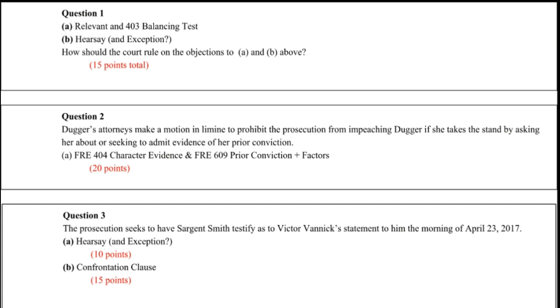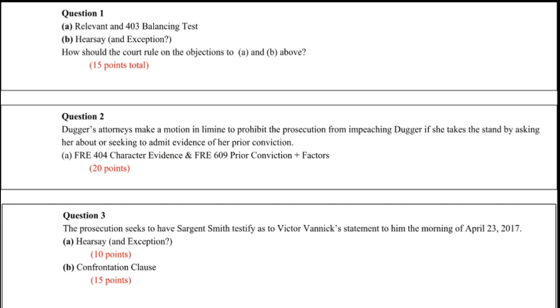So before we read the rest of the actual fact pattern, we now know exactly what we're looking for, exactly the facts that we're trying to point out, and what we're trying to accomplish. Again, the calls of the question direct us to what we need out of the fact pattern.